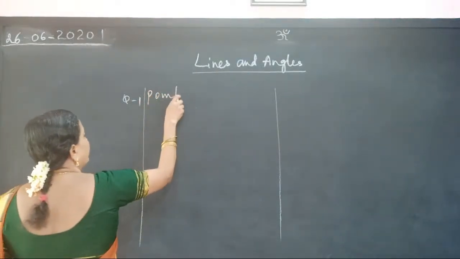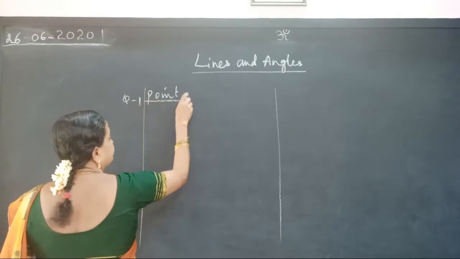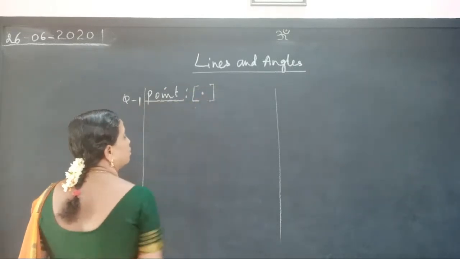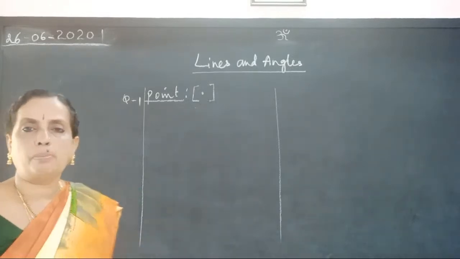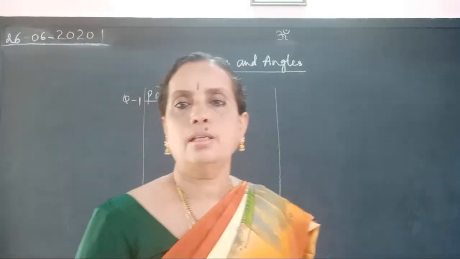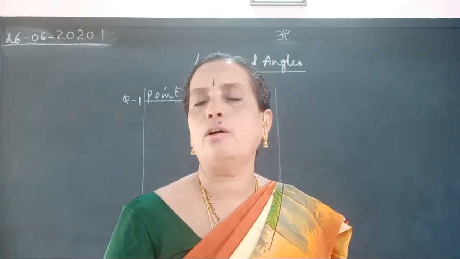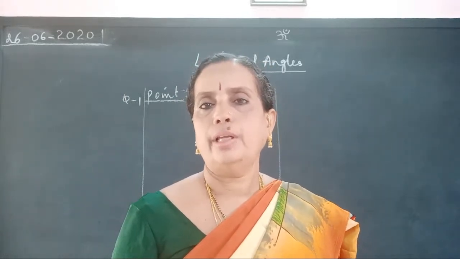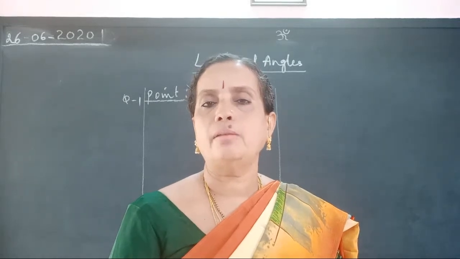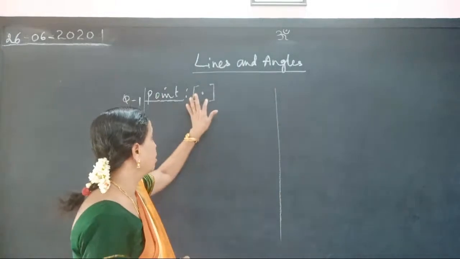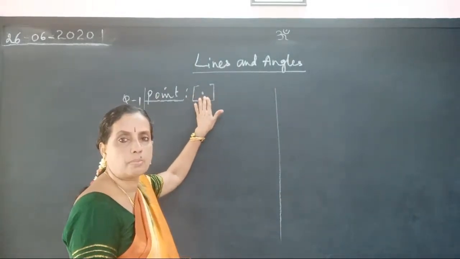How to define a point? I will show the point like this. We define a point as a small dot made by a sharp pencil or sharp edge. There is no length and breadth to this, it is just a mark taken by the sharp pencil or sharp edge.